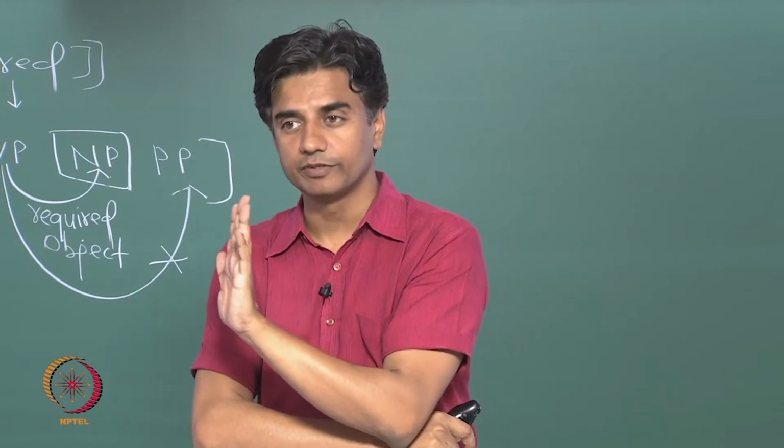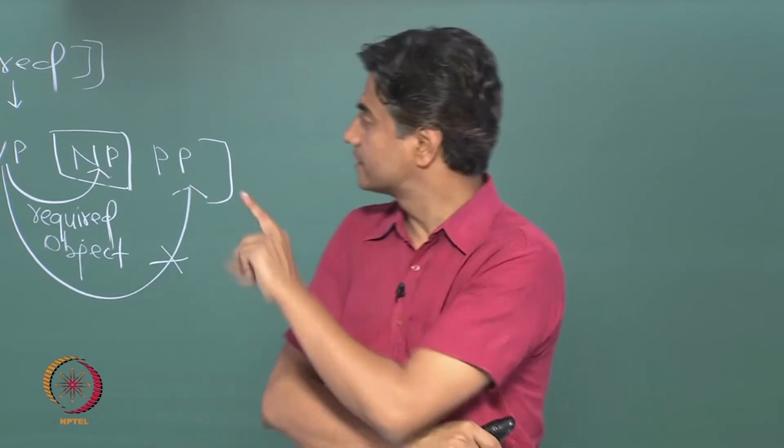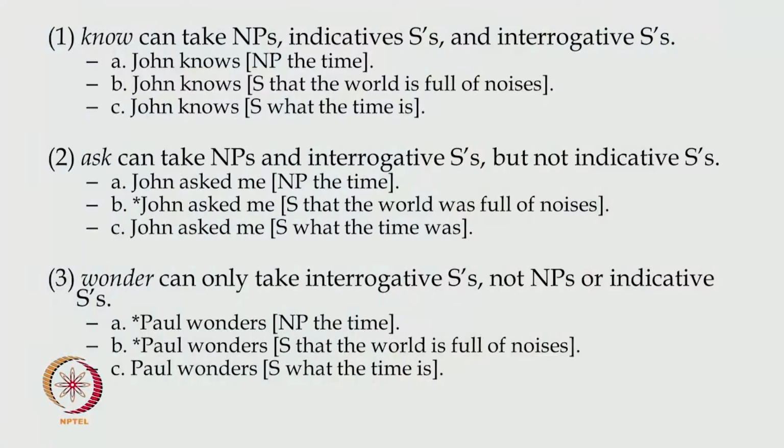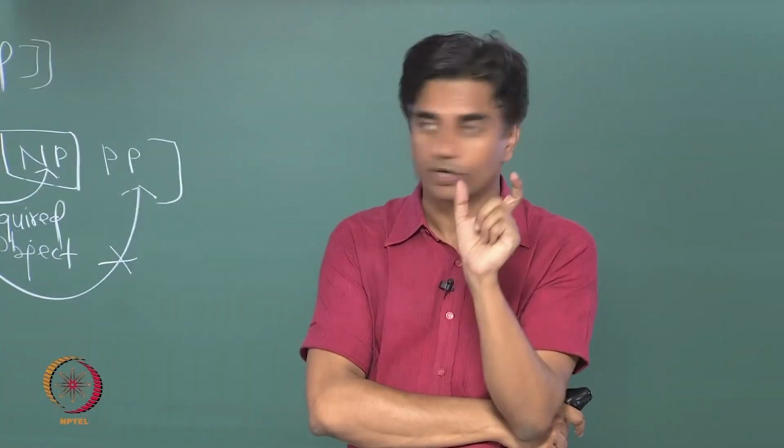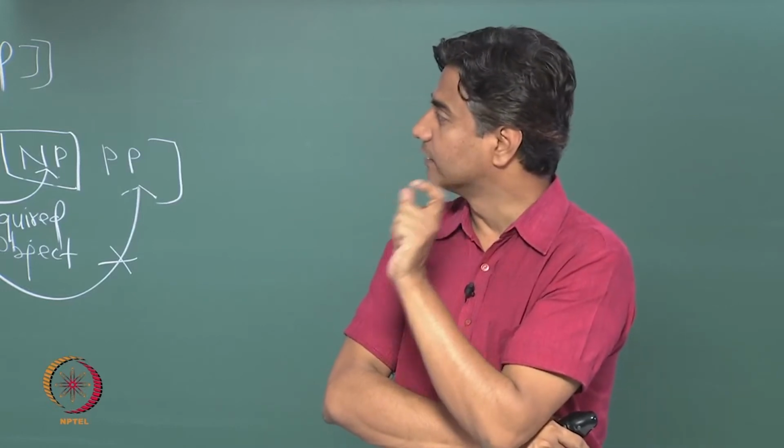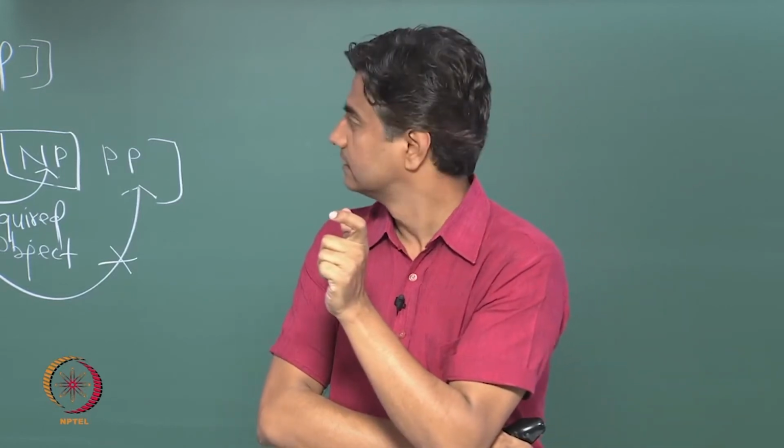Are you still with me? And the IP is, you can see, John knows that the world is full of noises. I changed this sentence. Earlier it was nonsense: John knows the world is full of nonsense. But I have changed the sentence. That's not important. What is important is that the world is full of noises.